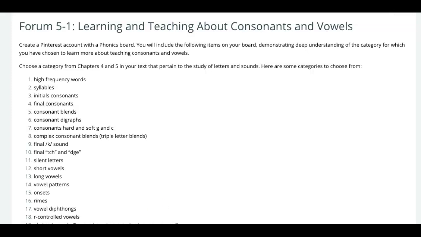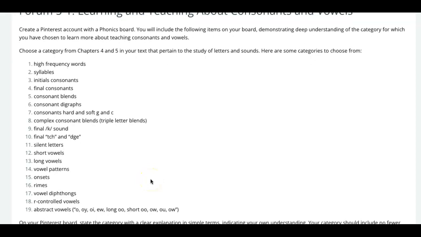Now, I would keep in mind the student that you're working with. Go back to that spelling inventory and go through your notes that you have taken through your tutor sessions and see which one of these topics would best fit what your student is learning in your tutor sessions.